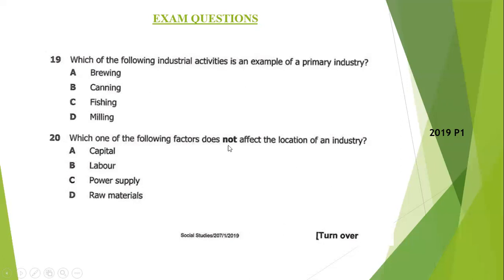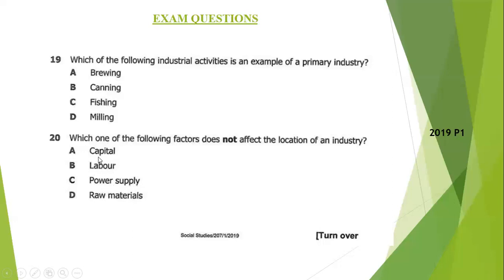So these questions come a lot in the exam. Question 20 says, which one of the following factors does not affect the location of an industry? Capital, labor, power supply, raw materials. Now, raw materials are a factor. Power supply is a factor.